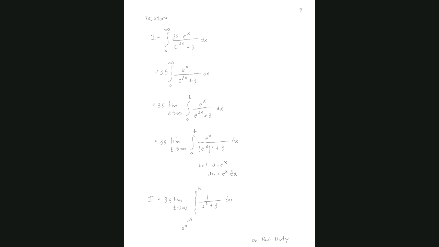When you recognize that, what's going to happen is you're going to let u equal e to the x. Then your integral is going to become a new integral with respect to u.